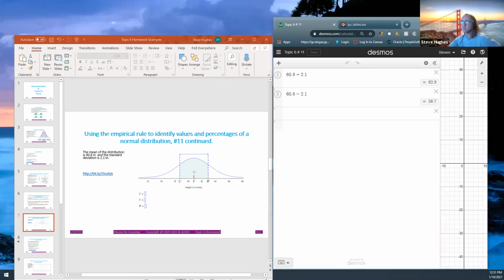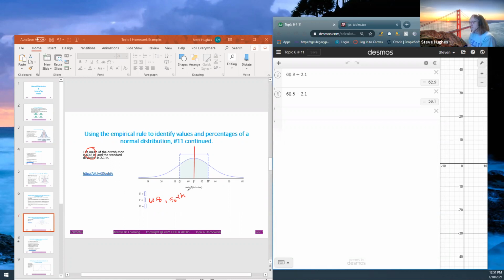It said it was at V, so right up here through the center, this is our mean, okay? That's the mean, and we're told right here that the mean is 60.8. So remember, the mean is V, it's 60.8, and it is the 50th percentile, right? 50% of the data lies below the mean. That's what we were told. All right, good. So we've answered that one question.